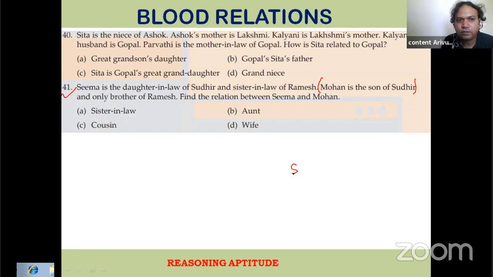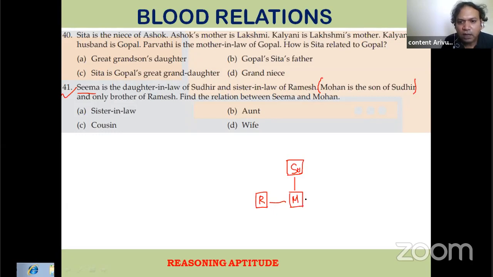So Sudhir has a son, Mohan. Mohan is son of Sudhir and only brother of Ramesh. That means Mohan is the only brother of Ramesh. Ramesh has no other brother. Now you see here, Seema is daughter-in-law of Sudhir and sister-in-law of Ramesh.